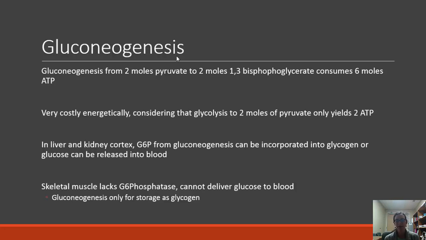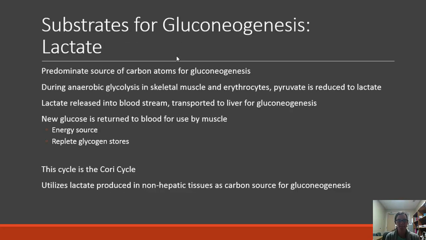So we might be able to get ourselves back to the G6P spot with gluconeogenesis, but we can't really do full gluconeogenesis in the skeletal muscle cell, because we can't get it back to glucose since we don't have glucose 6 phosphatase. So really, if we are going to go through gluconeogenesis in the muscle cell, the only real fate of that is that it can then be stored as glycogen. It's not going to be released to the rest of the body.